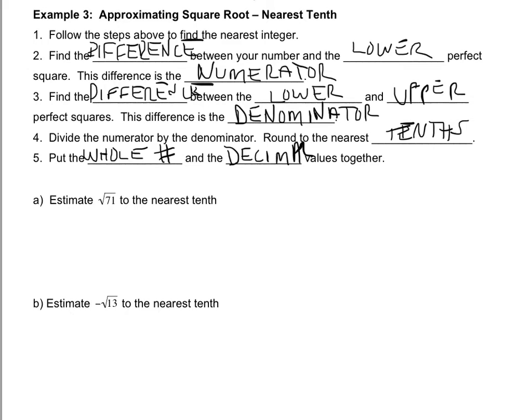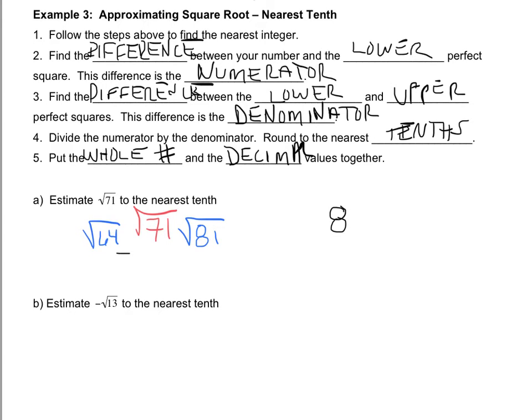So what does this look like? Well, if I break this down and do the square root of 71, my two perfect squares just below it and just above it are 64 and 81. We are clearly closer to the 64. So right away, I know that 8 is the nearest whole number, or integer.